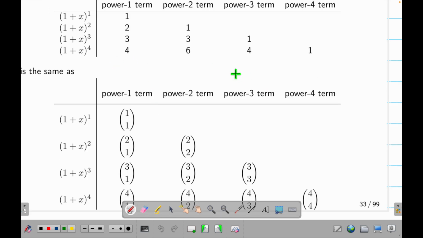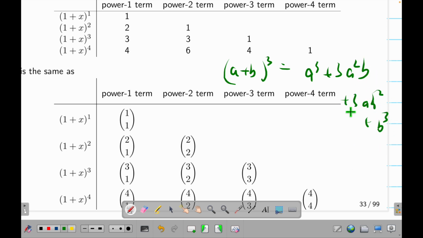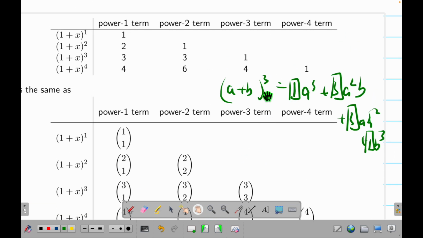Let's say, okay, it's a to the power 3, 3a squared b, 3ab squared plus b to the power 3. So this is a 1, this is a 1. These come from here. My point is, what is this number? 3a squared b, 3ab squared.